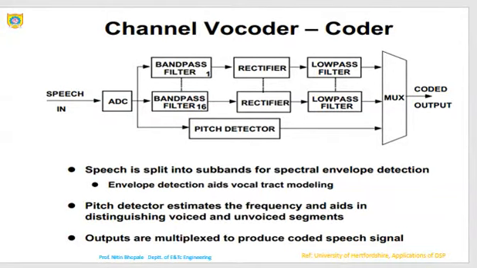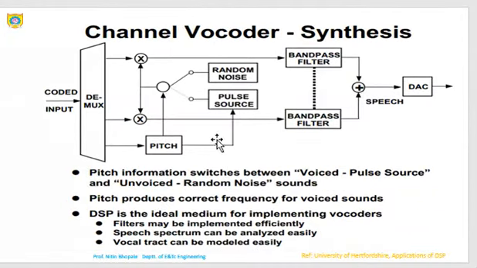Let's see the next part, the channel vocoder in the case of synthesis. In the synthesis we simply reverse the process, to get speech recovery. Whatever signal is transmitted will simply be decoded, and then the speech is expected at the output.